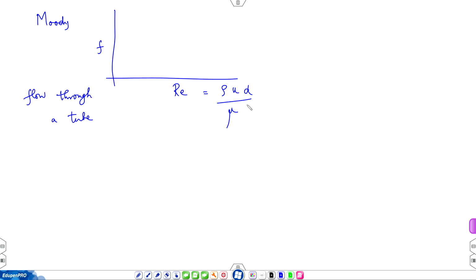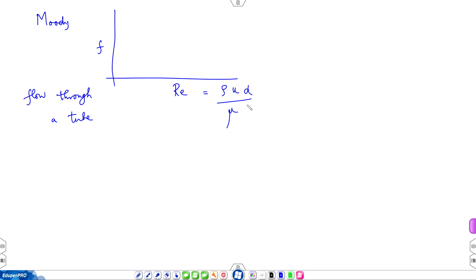Rho is density, mu is viscosity, u is the fluid speed in the tube, d is diameter, inner diameter. In fluid flow, we are only interested in inner diameter. So, in a given problem, you can calculate Reynolds number straight away, for which you will need fluid properties.